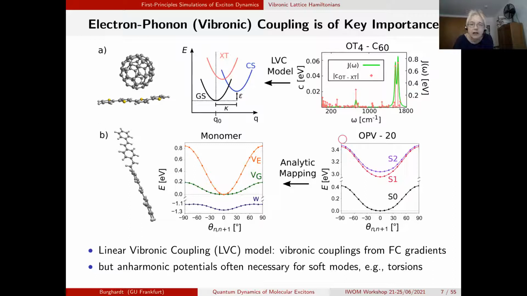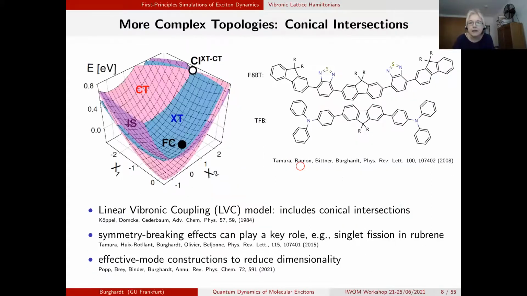In this case, we actually do potential energy surface cuts that are then translated to the monomer-based representation, and we use mapping procedures to do that as a function of the coordinates. All right, and actually we are not constrained to just one dimension. So this type of representation also accommodates high dimensional and more complex topologies, conical intersections, for example.